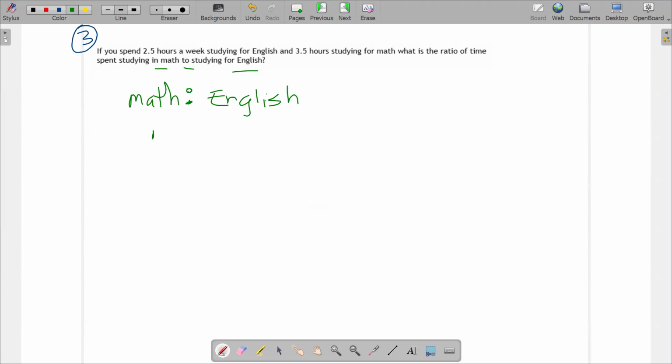Or as a fraction, it would be math over English. And sometimes when I'm playing around with proportions and ratios, I write it out in words, what's in the top and what's in the bottom. And that helps me. Here, it's not too much of a big deal. Bottom line, though, is because of the order they said there, then the math number has to go on the top. So that would be the 3.5 for my version.